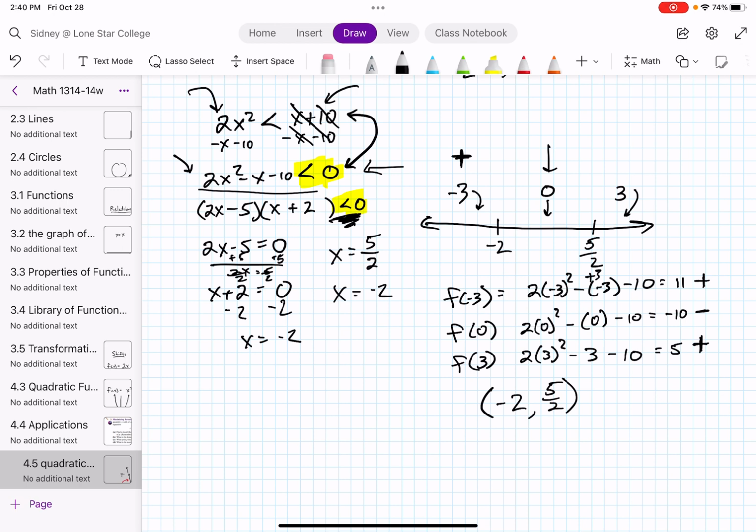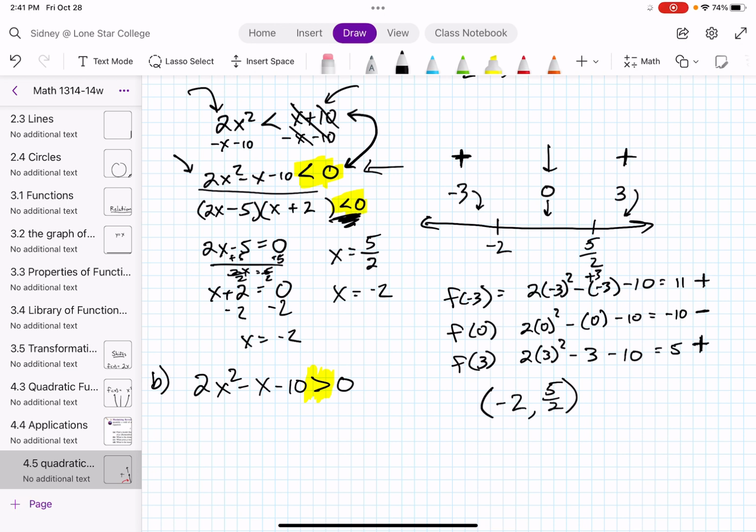So there's a variety of problems. Pay attention to whether we are looking for things greater than or things less than. If I had changed this problem ever so slightly and said 2x squared minus x minus 10 is greater than 0, the only bit of my work that would change is that instead of looking for the negative values, we'd be looking for the positive values. We'll call this problem B, because the original one we'll call problem A. Problem B, if we change it to be greater than, the only thing that would change is the answer.